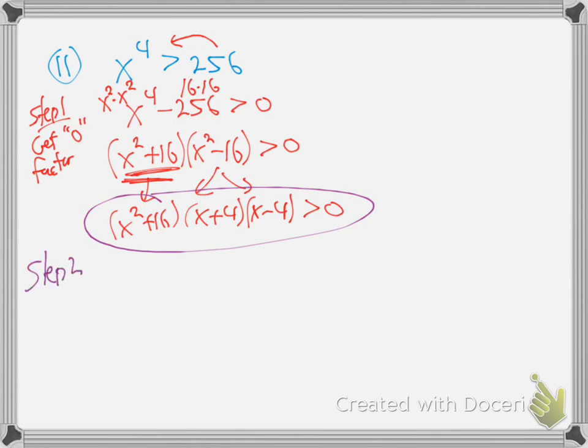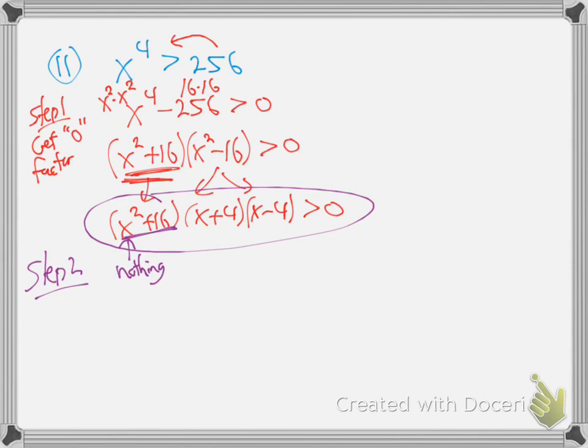Step 2 now is define what makes the various parts 0. So what can I plug in here to make this guy 0? Nothing. Good. Are y'all aware that there's nothing that can make that part 0? Anything you plug in, squared is going to be positive, and then add 16, it's going to be bigger than 16.